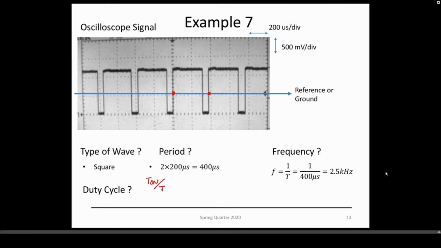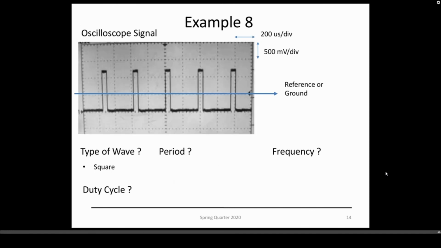So I already know my period, which is 400 microseconds. Now I just need to find the time that I'm on, which is this time over here, which is roughly 1.5 divisions. If I multiply that, 1.5 times 200 microseconds, I get 300 microseconds. 3/4 gives you 75% of a duty cycle.